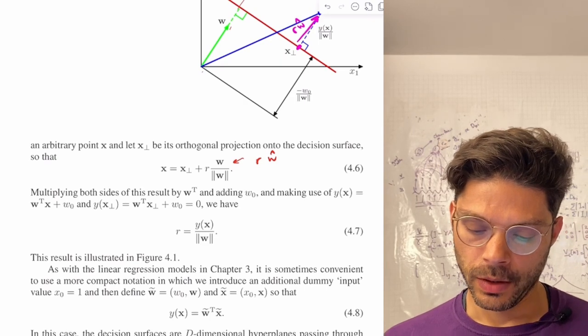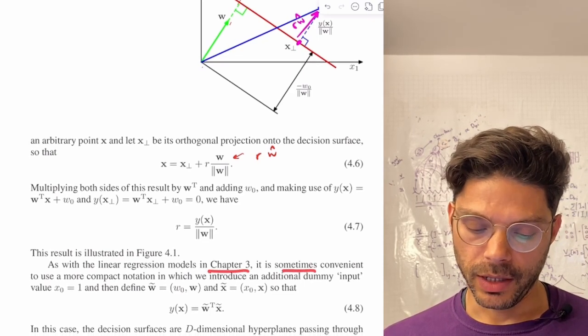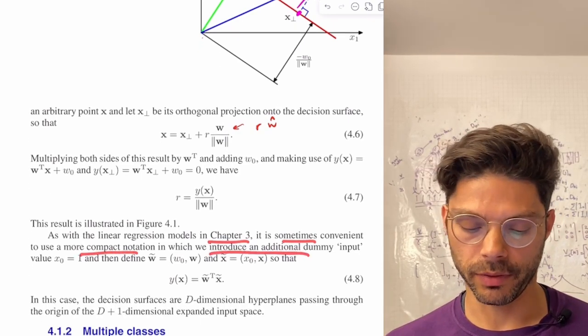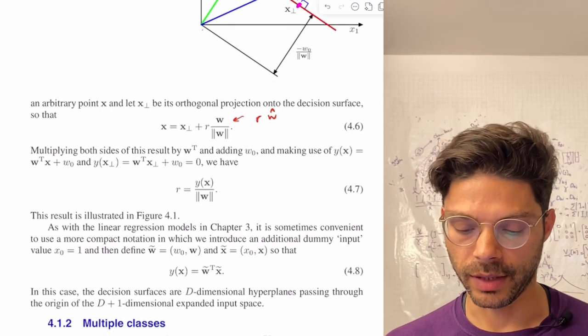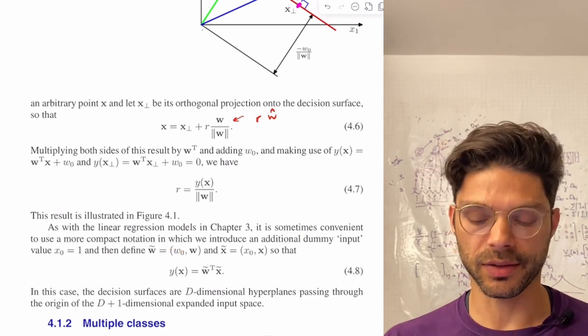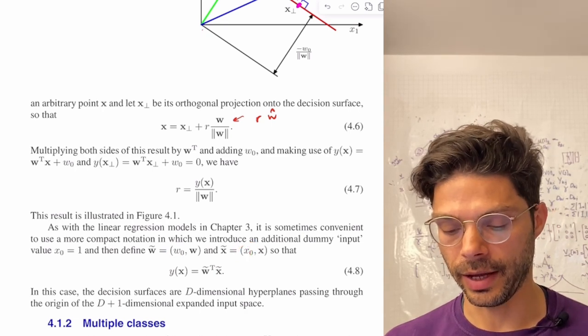Now he says, as with the linear regression models in chapter 3, it is sometimes convenient to use a more compact notation in which we introduce an additional dummy input value x naught equals 1, and then define w tilde as w naught, w. So the bias goes in there, and x tilde has its value on that unit as well.